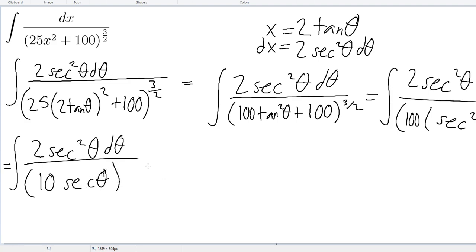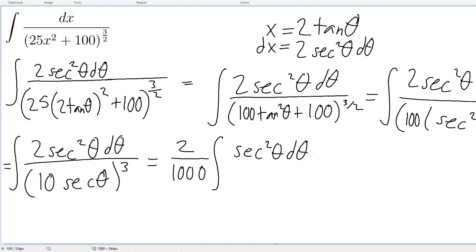We got rid of the square root, so now we're just left with a cube. To simplify even further, we could take the constants out. 10 cubed is 1,000, and then secant square theta over secant cubed theta: secant square cancels out, and we got secant theta left.